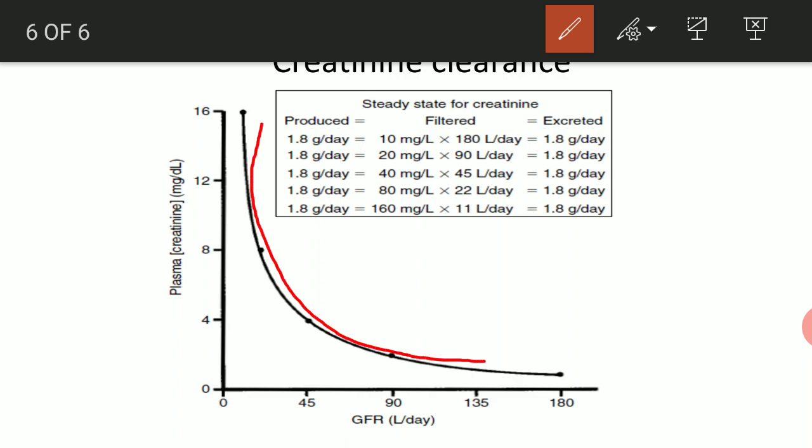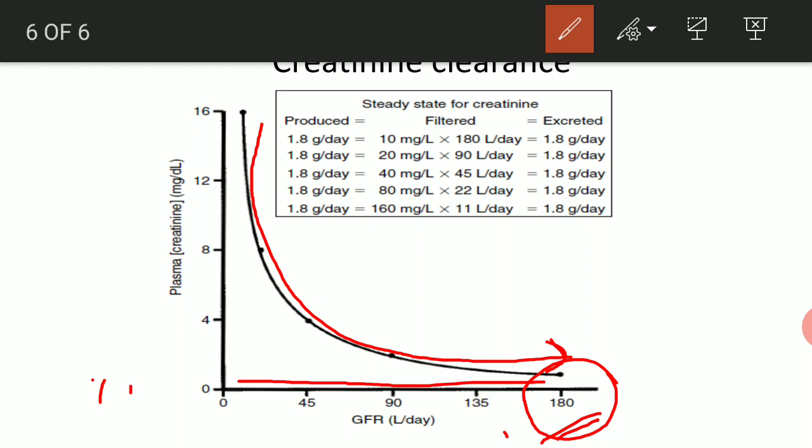As the GFR is on the normal side, the normal GFR value is near about 180 liters per day, the plasma creatinine concentration is very low, near about 1 milligram per deciliter.